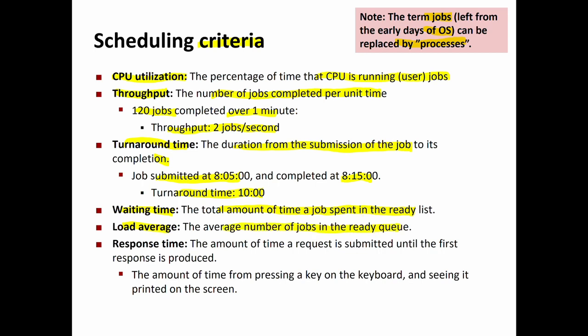Or in interactive systems, you may wish to look at the response time, which is the amount of time from when a request is submitted until the first response is produced. In an interactive system, this means, for example, when you press a key on a keyboard, how long it takes to get it printed on the screen. So these are all different scheduling criteria that scheduling policies should consider, and which one applies depends on the system that we are designing.